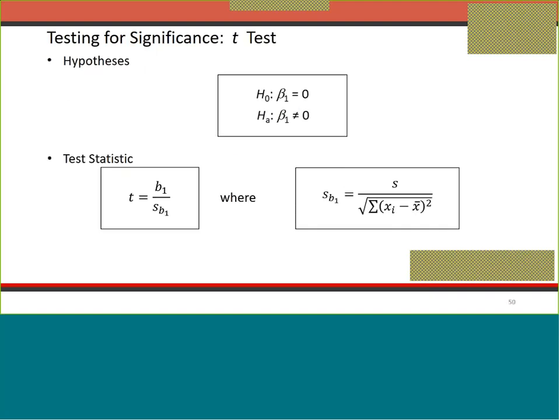Then what is the hypothesis in the t-test? H0 means no relationship, HA means there is a relationship. The test statistic t is given by b1 divided by the standard deviation of b1. The standard deviation of b1 is given by s divided by the square root of the sum of (xi minus x bar) whole square.